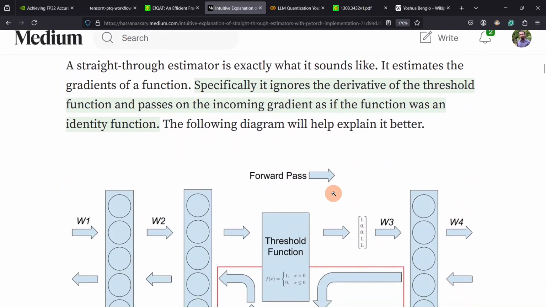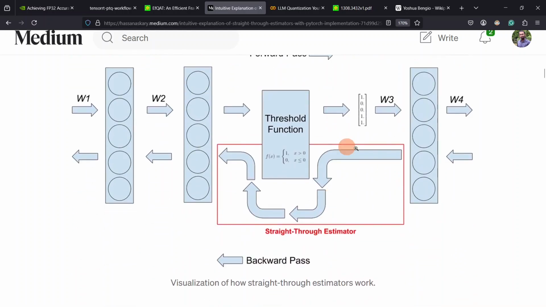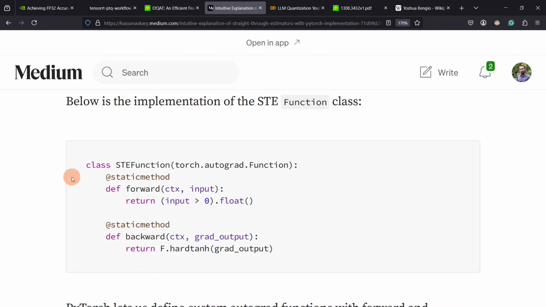To overcome this issue, a straight through estimator can be used in the backward pass. A straight through estimator basically estimates the gradients of a function. It ignores the derivative of the threshold function and passes on the incoming gradient as if the function is an identity function.